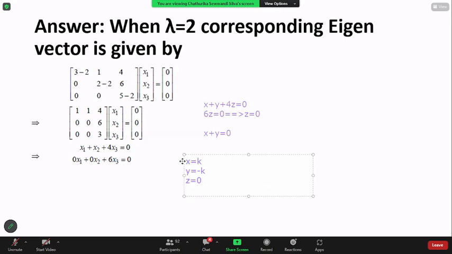Right? So actually what we are doing is we are going to find the eigenvector corresponding to each lambda value. We are going to find the eigenvector for every lambda value. What does finding this eigenvector mean? What actually is an eigenvector?